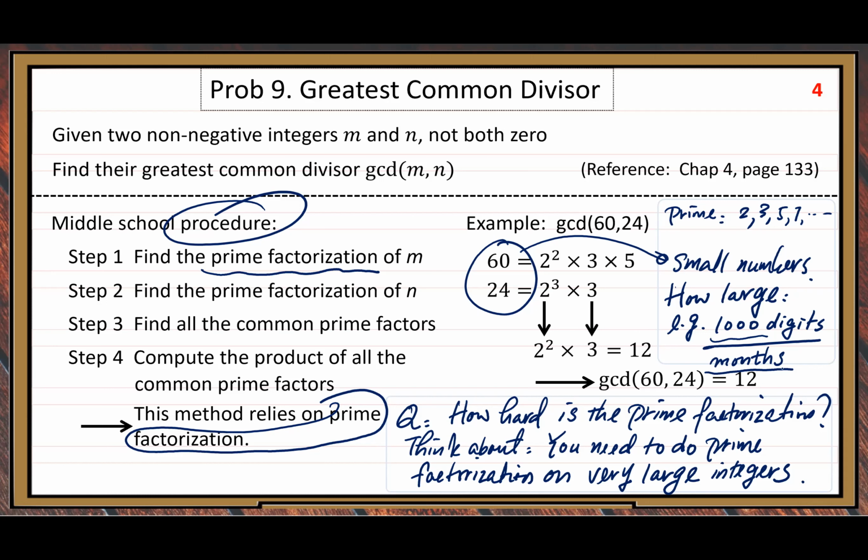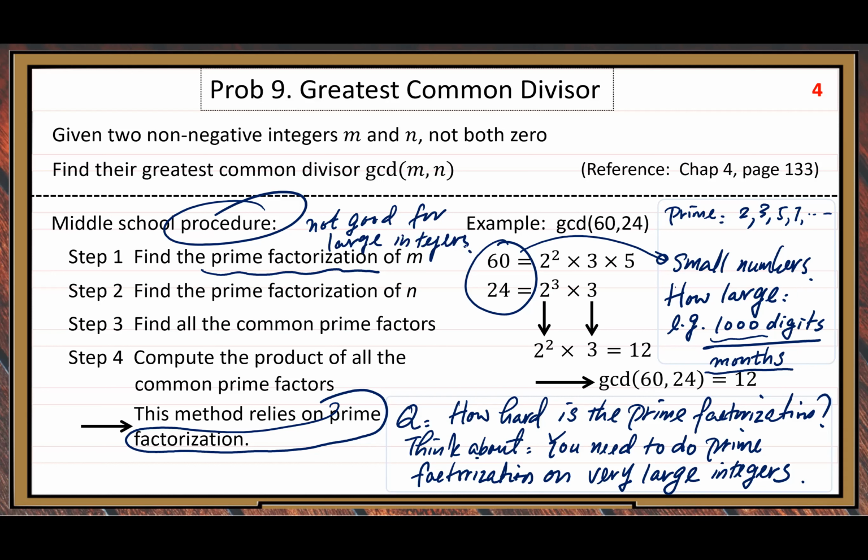Think about that. So that tells us one thing. This procedure for large integers, not good. Too slow for large integers.